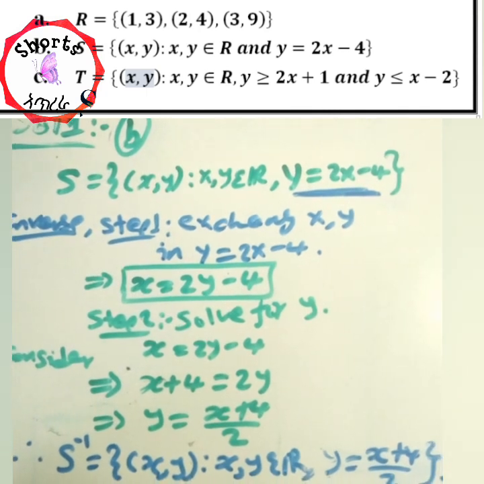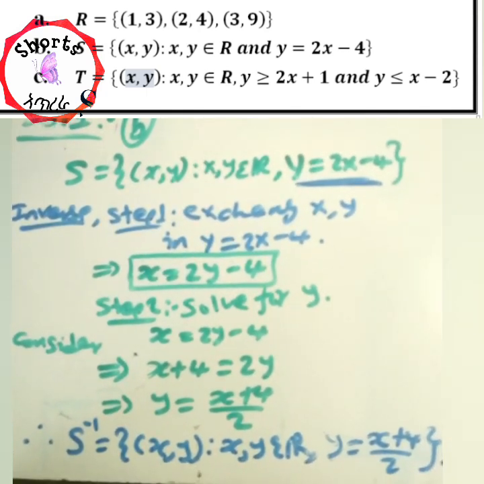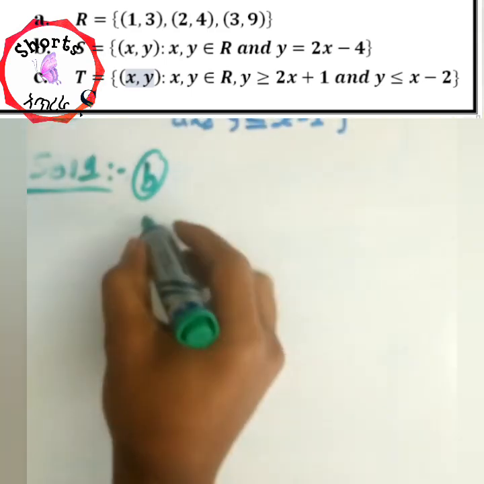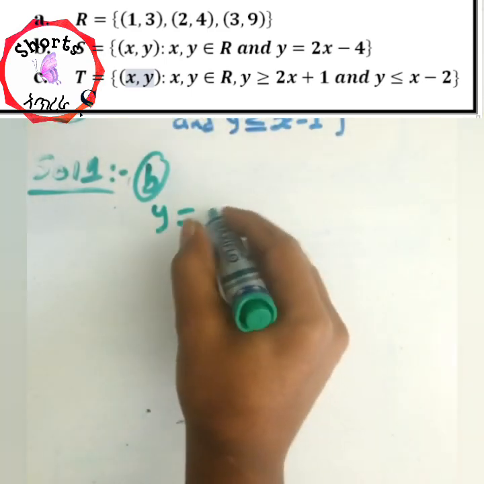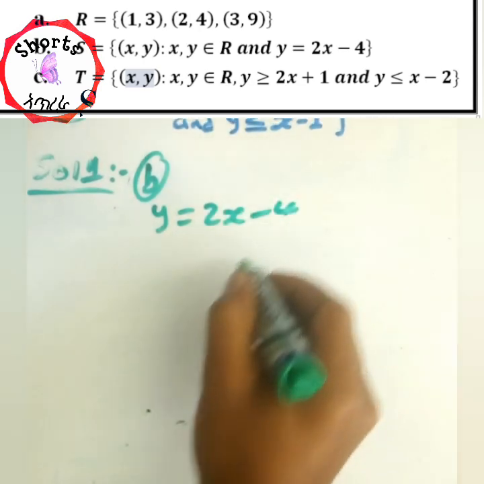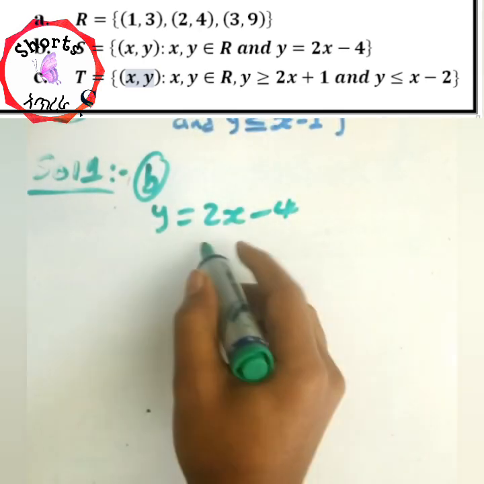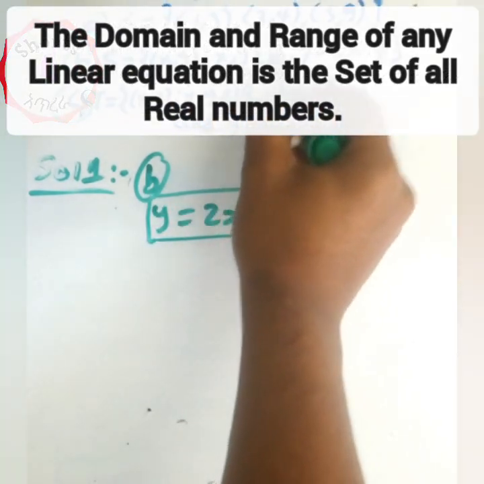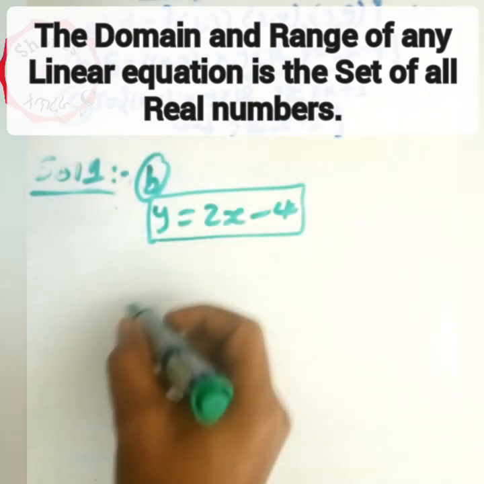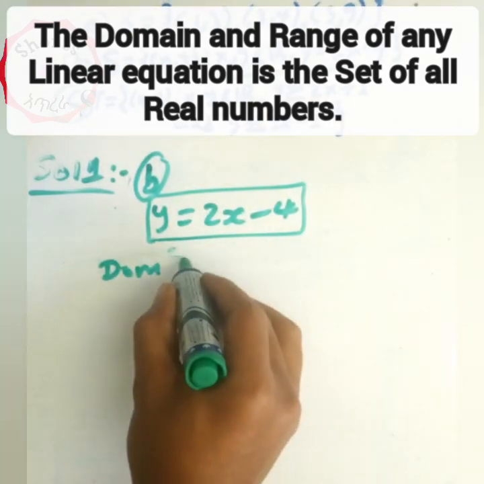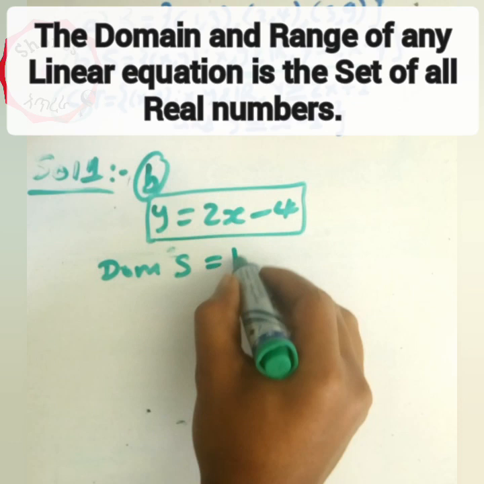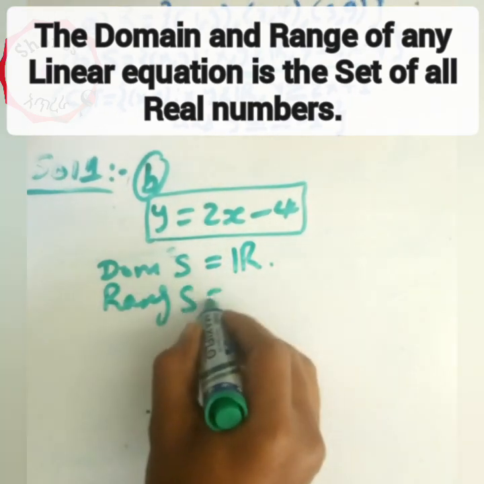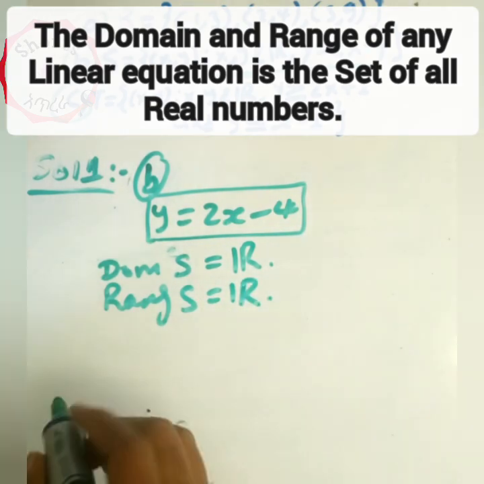Next, we have to find the domain and range of S and S inverse. The relation S is characterized by y is equal to 2x minus 4, which is a linear equation, and here x and y are taken from the real numbers. The domain of S is the set of all real numbers, and the range of S is also the set of real numbers.